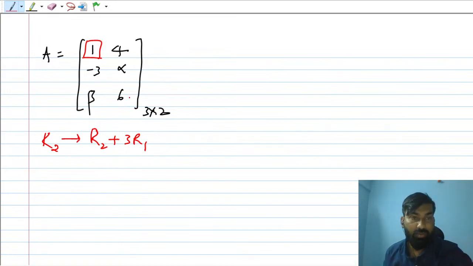Now if you want to make this entry 0 as well, beta cannot be made 0, because beta is unknown, we don't know what beta is. So what you can do is apply an operation on R3 as well.